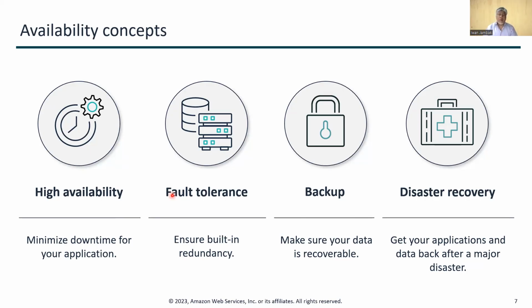The other thing to think about in the availability concept is backup. When something happens, you don't lose most of your data, because you already made a backup somewhere, and then you can restore it.